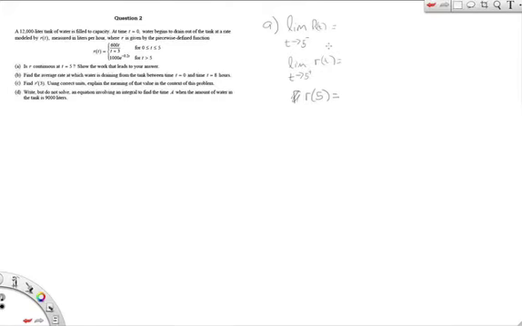I've already put the equations in, so I'm just going to go to table, and now I can just type in a 5, and if I typed it in right, I am not continuous.